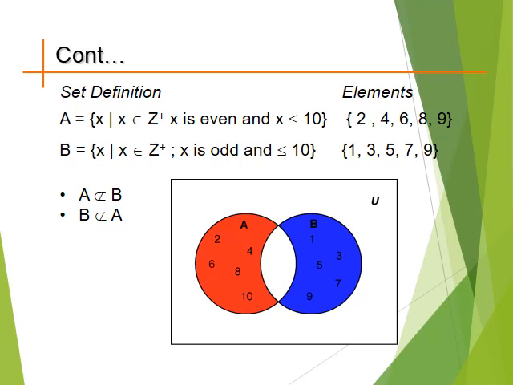B set contains positive integers where x is odd and x is less than or equal to 10. So we can write 1, 3, 5, 7 and 9. Here in place of 9 we have 10.